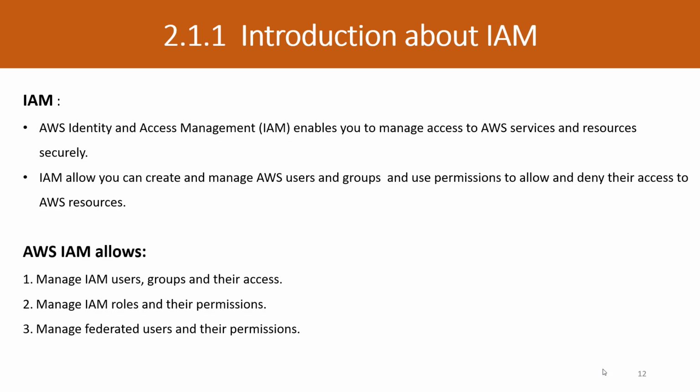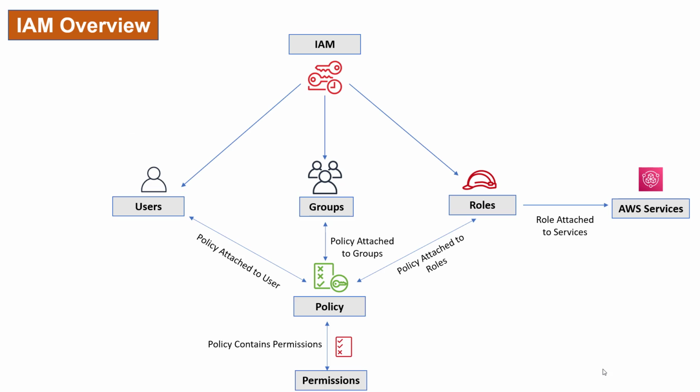Now let's discuss everything one by one. You can see here the overview: we have IAM, and under IAM there are three things: users, groups, and roles. Each of these has a policy attached to it. A policy basically contains the permissions.